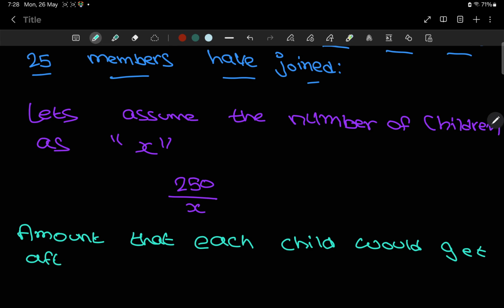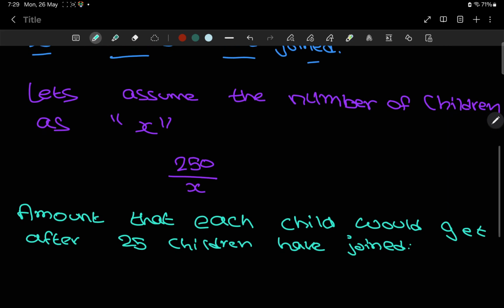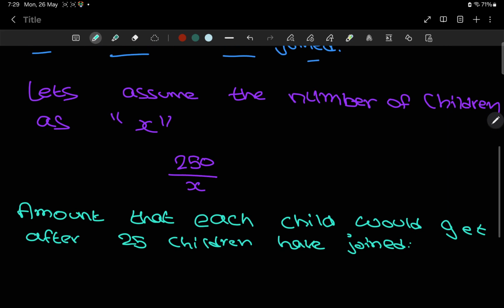So we assumed the number of children to be x, right?